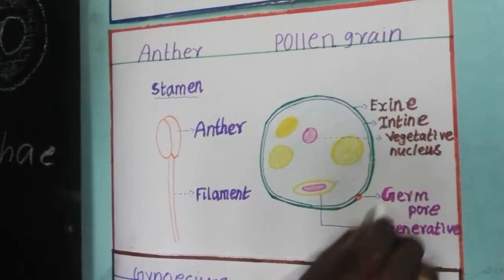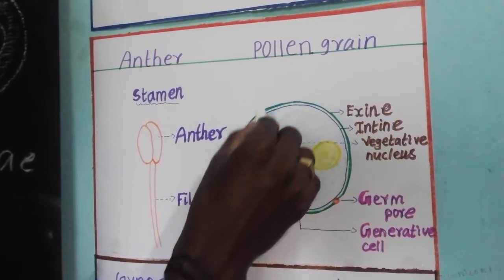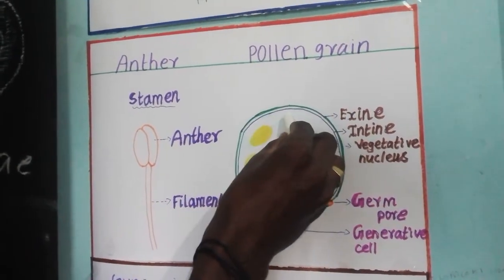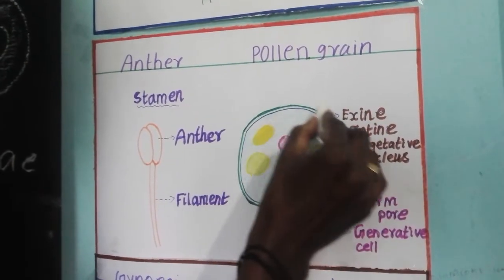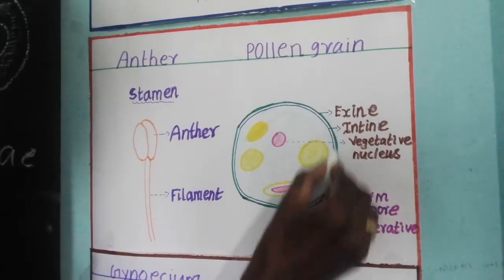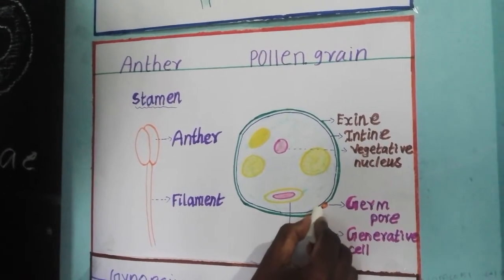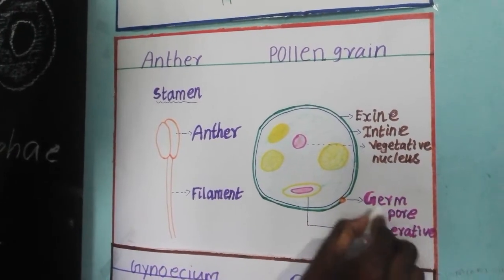Pollen grains have two layers, an outer layer and an inner layer. The outer layer is the exine, a very hard layer, and in the exine there is one small hole called the germ pore.